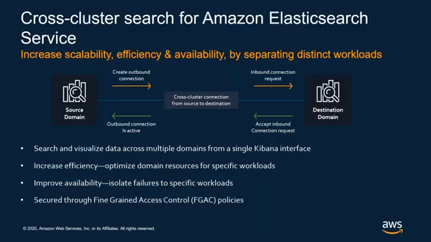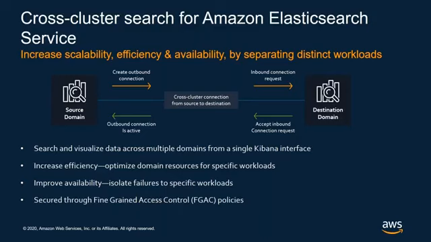Should you have issues with that one domain, you're going to affect all of those applications. Conversely, some applications could be chattier than others, and they might take the resources that you need for other search solutions on that same domain.